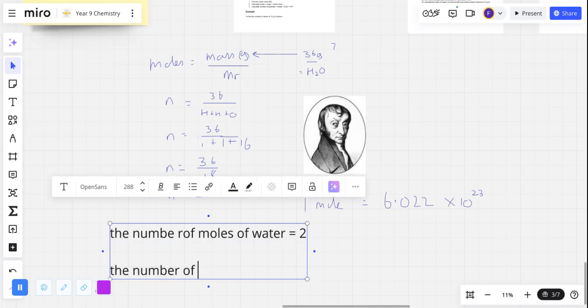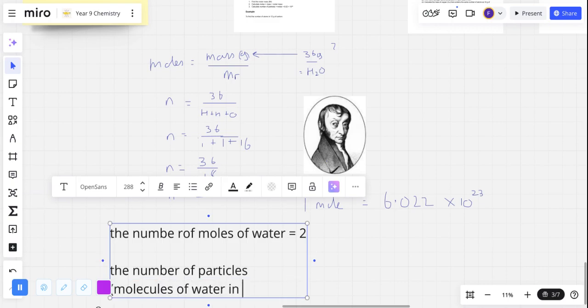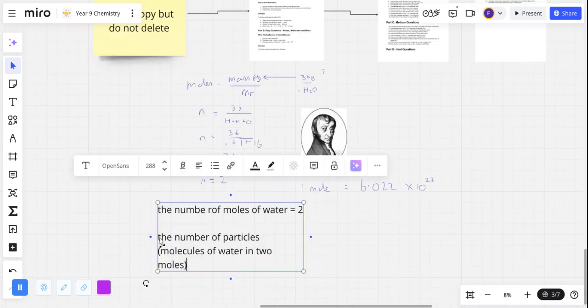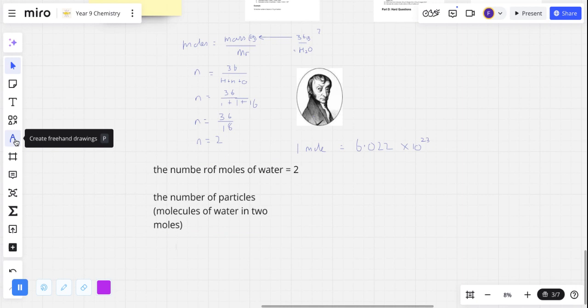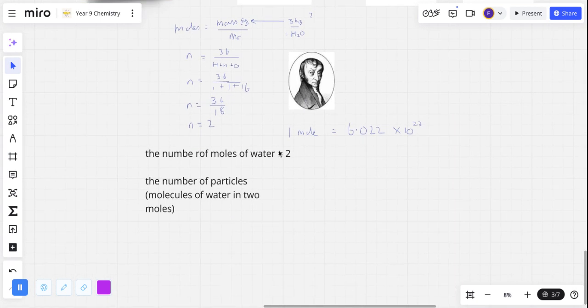The number of particles, in this case molecules of water, in 2 moles: you take your number of moles, 2, and do 2 times the Avogadro constant, 6.022 times 10 to the 23.